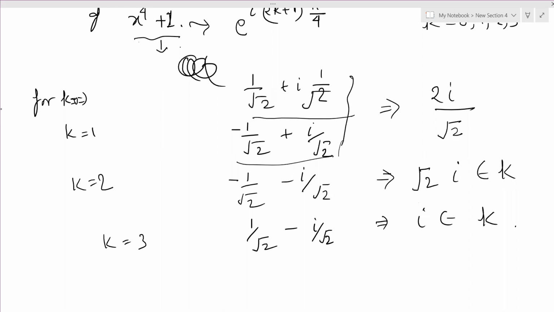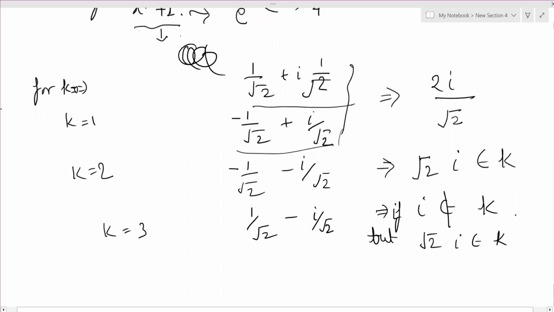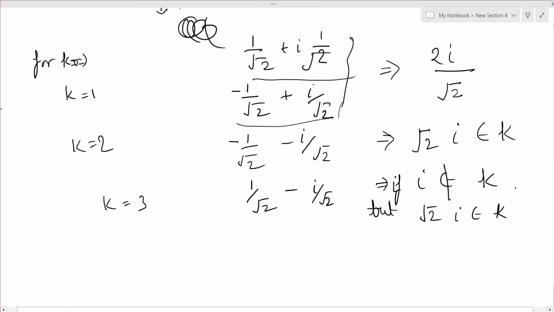So it is possible. So how will you argue that iota is in K? If iota does not belong to K, but root 2 iota belongs to K, that means what?